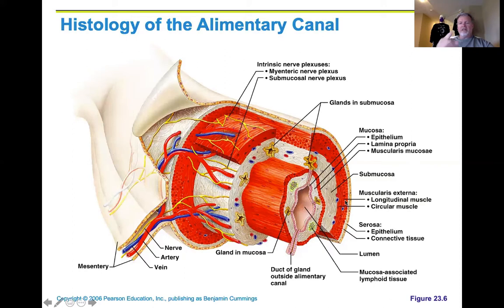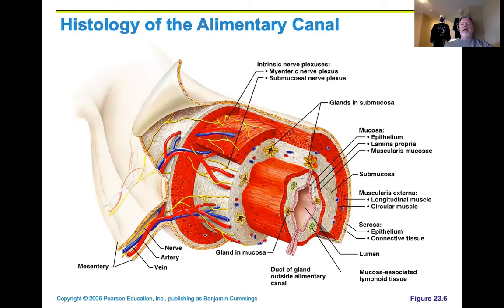That circular layer is going to wrap around the whole tube as you go down. The longitudinal layer is going to run along the walls. Now, you always find those 2 layers. When you get to the stomach, we pick up a third, an oblique layer, and we'll look at that when we get to the stomach, but we're not ready for that yet. But just know, the muscularis externa is the muscle layer of your alimentary canal.